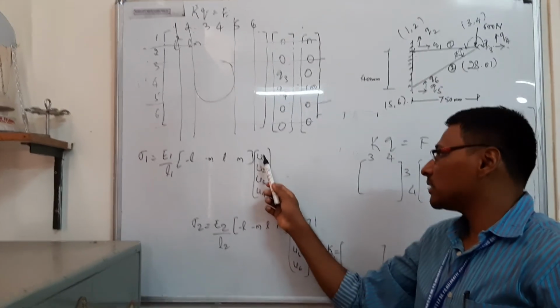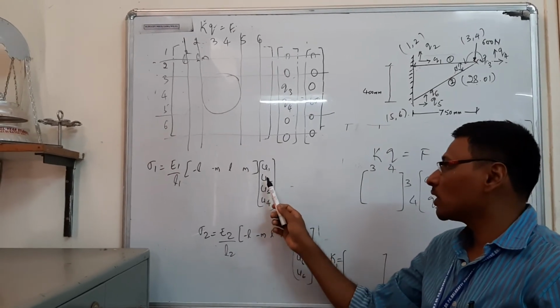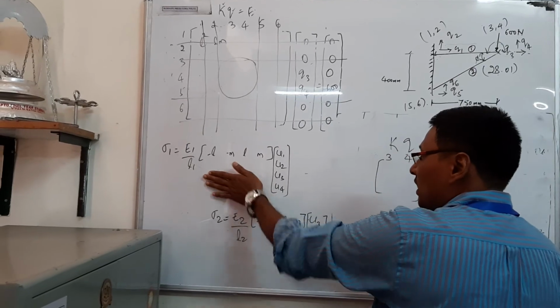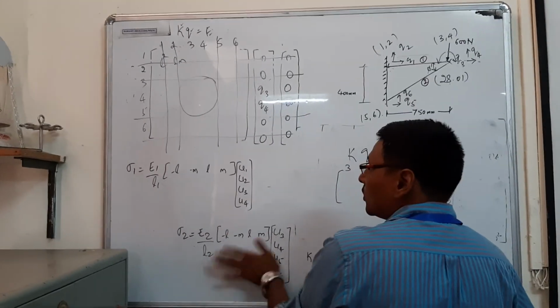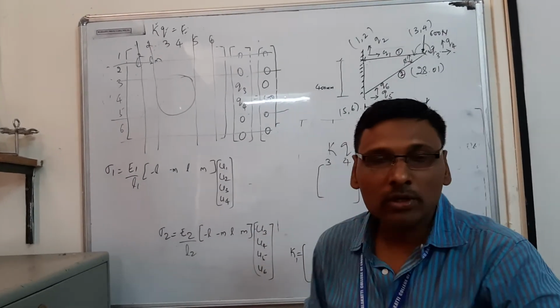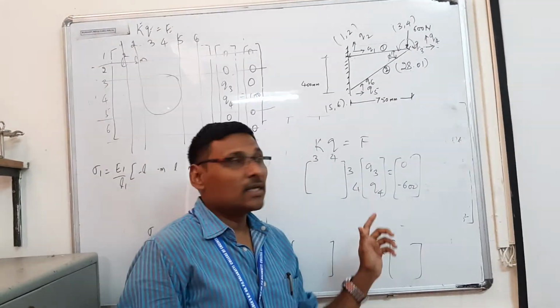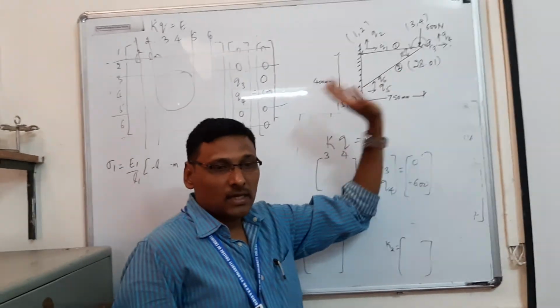Even you could write this as Q1, Q2, Q3 or Q4. In this manner we will calculate sigma 1 and as well as sigma 2. So this is how we are going to find out the deformation and as well as the stress in the case of the truss element.